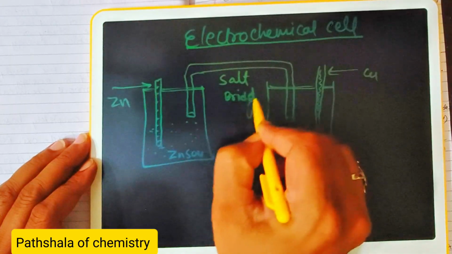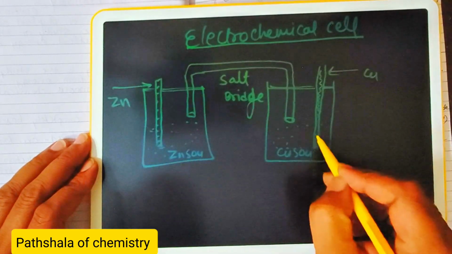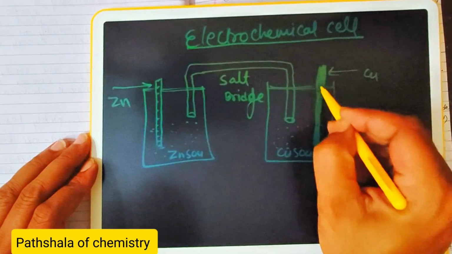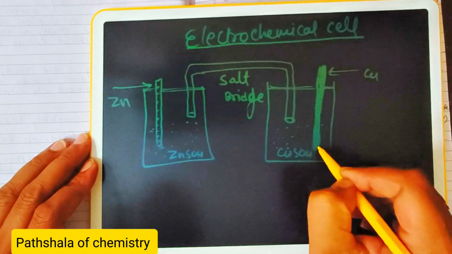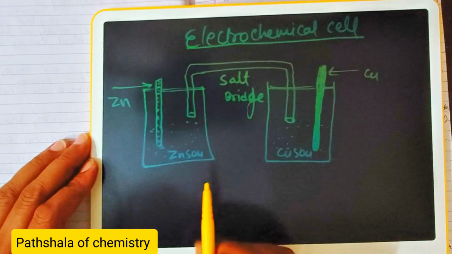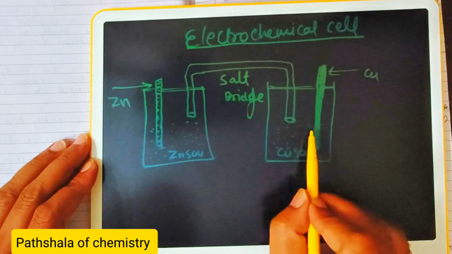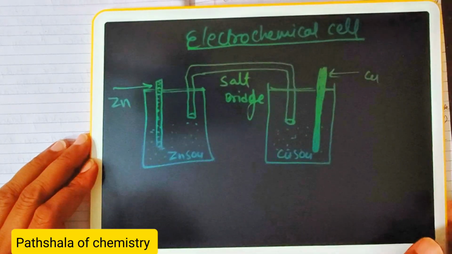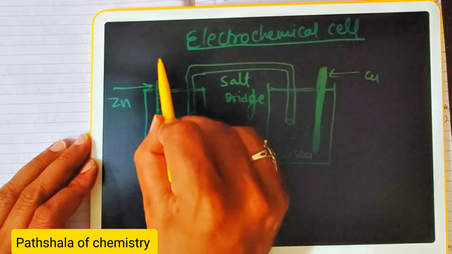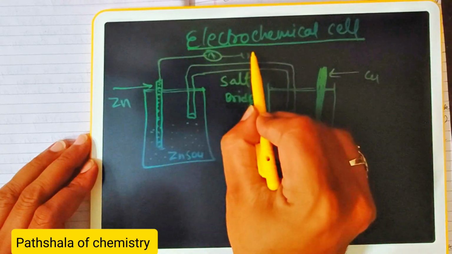We will discuss this salt bridge. So this rod is made up of copper, one electrode. This rod is made up of zinc metal dipped into zinc sulfate solution. Here, the copper rod in copper sulfate solution. Now both electrodes are connected with an ammeter or with a switch key.